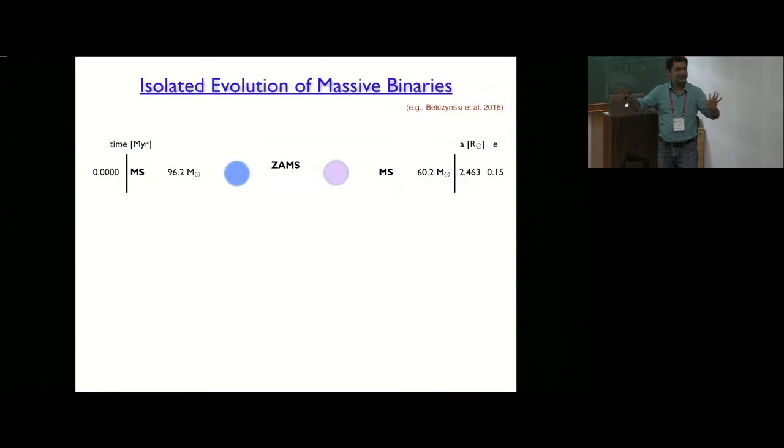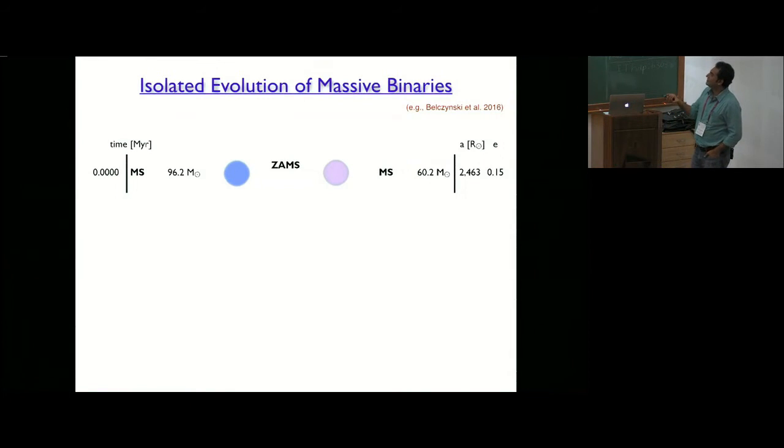So through tides, the orbit might decay and they might merge while they are in the main sequence. So if you take high mass stars and merge them in the main sequence, or any time before they both become black holes, you have wasted two high mass stars in the LIGO sense, okay?